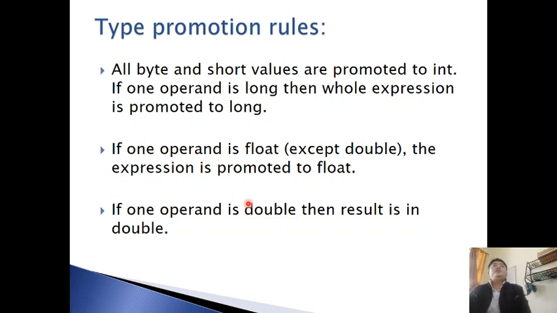So finally the rules: all byte and short data type values are promoted to integer when they perform operations, maybe addition. If one of the operands is long, then the whole expression is promoted to long.